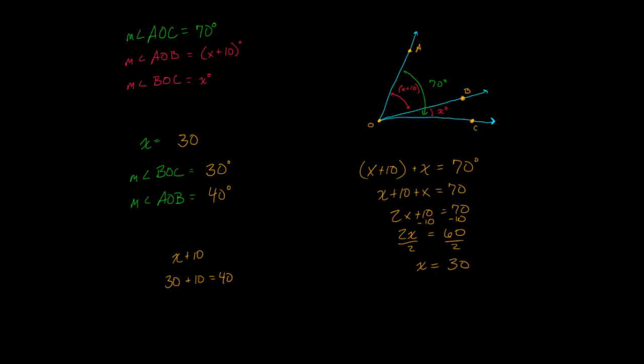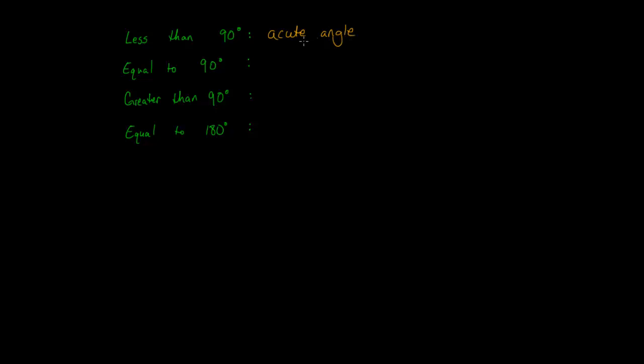Alright, now let's turn the page and let's look at the classifications of angles according to their degrees. If an angle has a degree measure less than 90, it is classified, and as many of y'all may already know, that is going to be an acute angle. An angle less than 90 degrees.